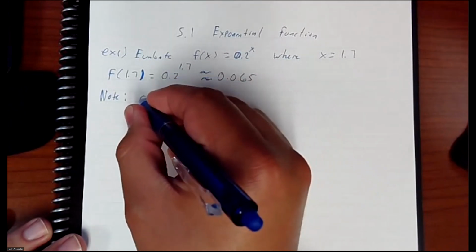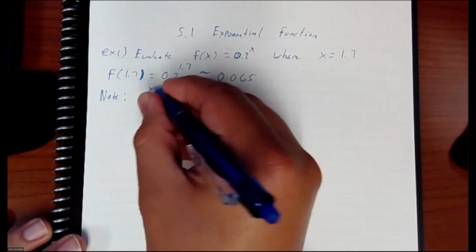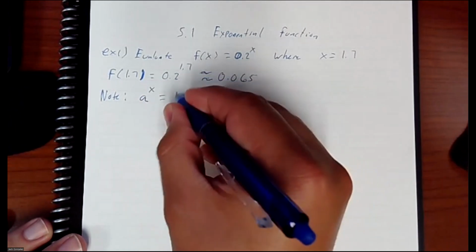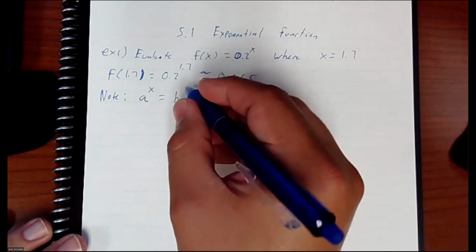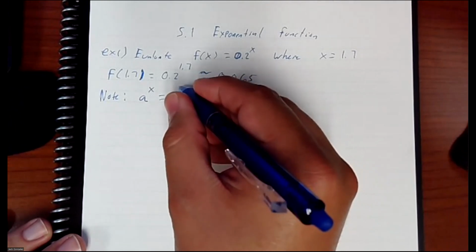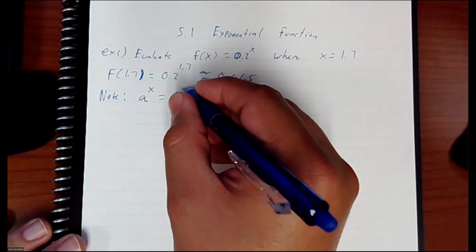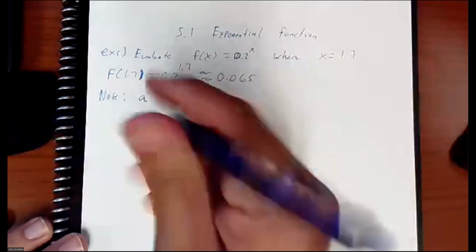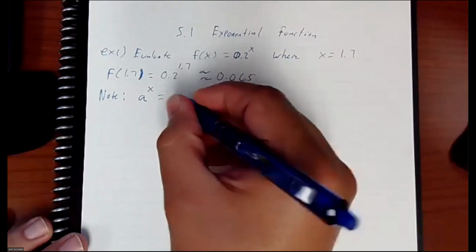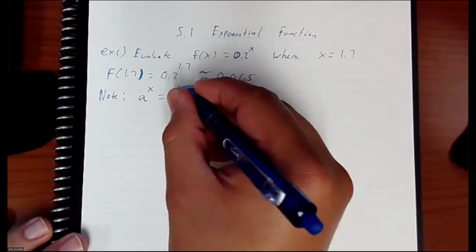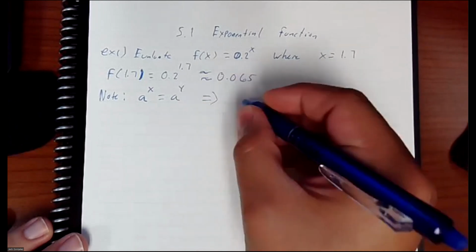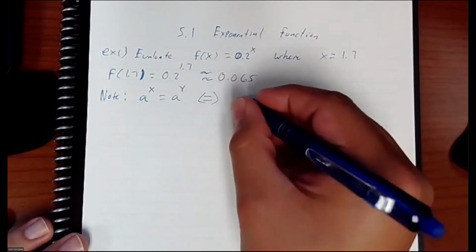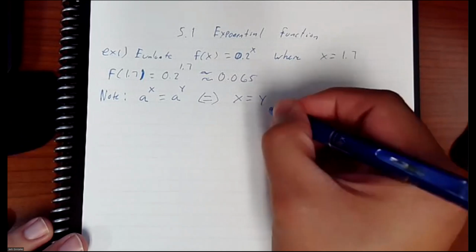Basically what this says is if a to the x is equal to a to the y, then that means that x must be equal to y.